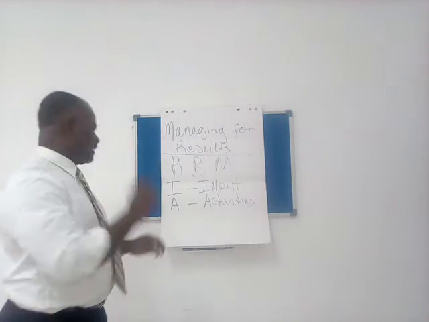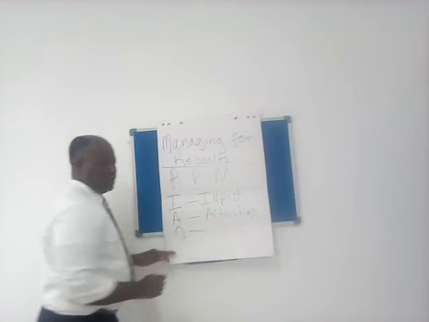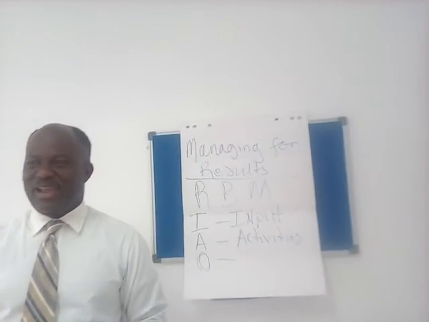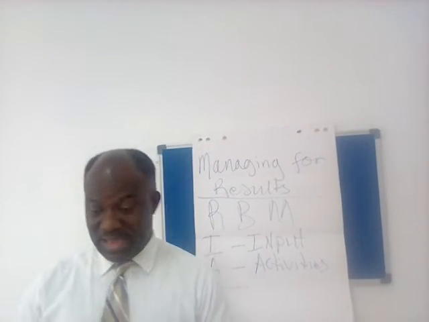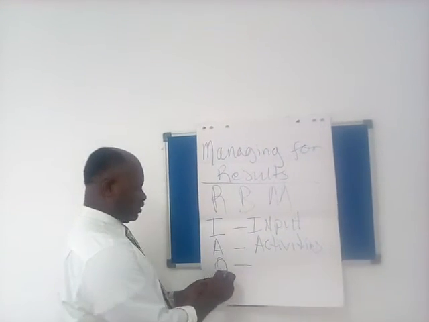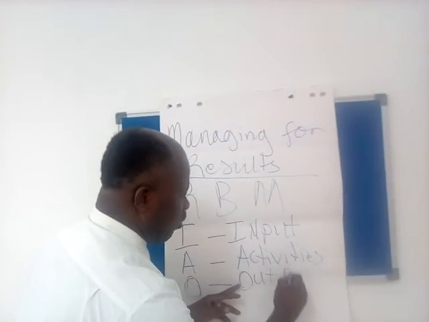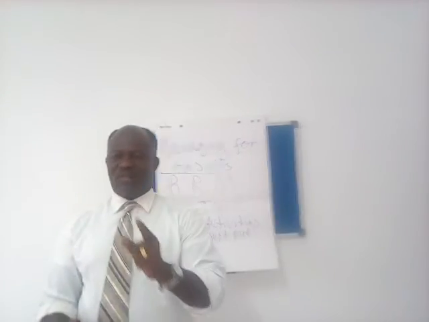So now, what is an output? If you engage in actions and activities, naturally, it's going to lead to something. And what is that thing? It's your output. Your output in this context will be the result you wanted out of that engagement.